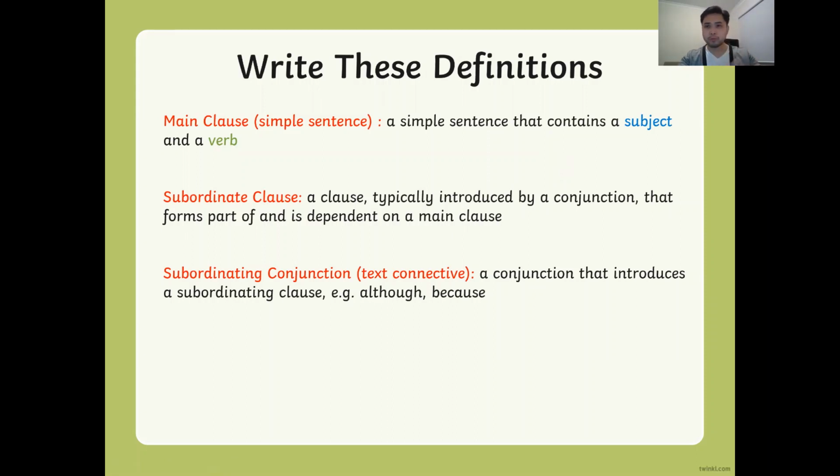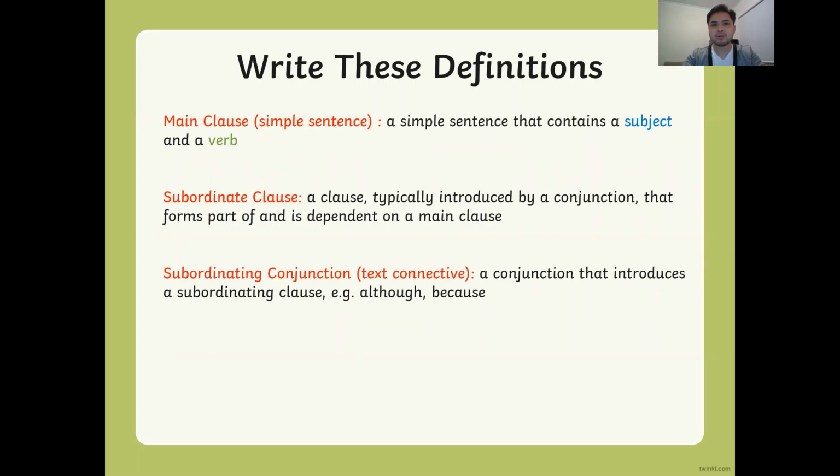So a main clause, we've already touched on that, is pretty much a simple sentence that contains a subject and a verb. Simple enough, yeah? A subordinate clause is a clause typically introduced by a conjunction or a text connective that forms part of and is dependent on the main clause.